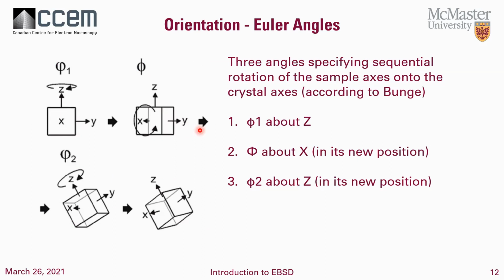We're using a system according to Bunge. So we're doing some sequential rotations: a rotation about the z-axis, then the x-axis, then the z-axis again, in order to define an orientation for the data point that we've collected from the unit cell.